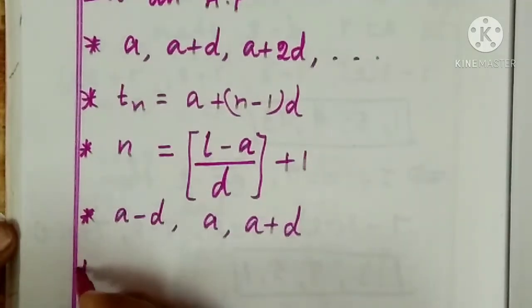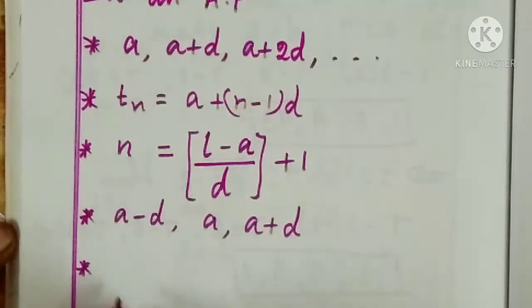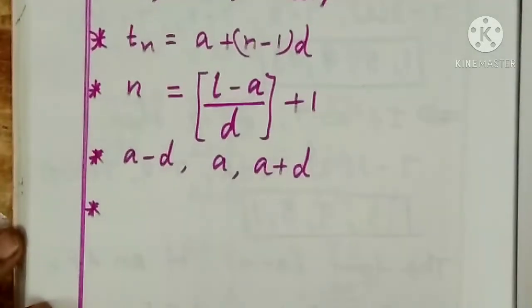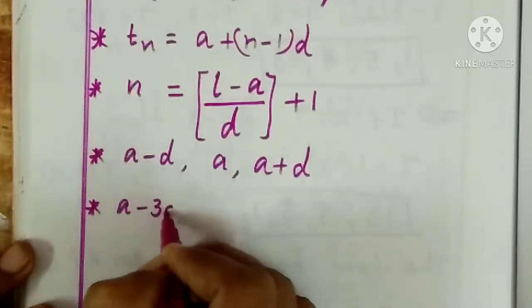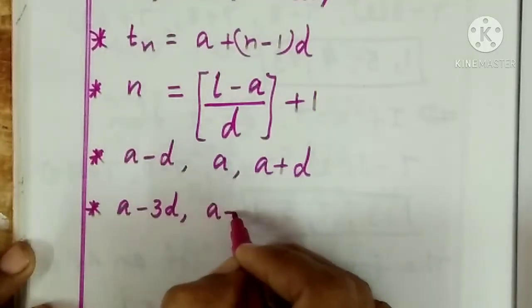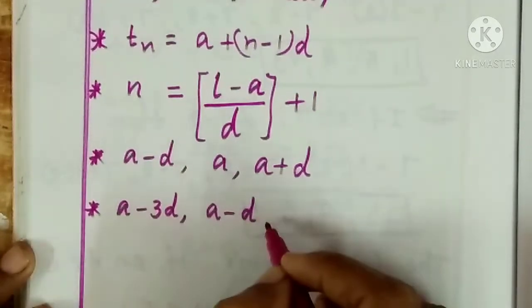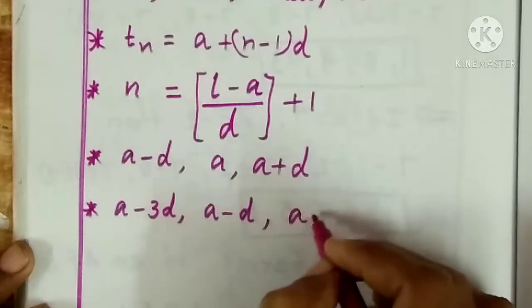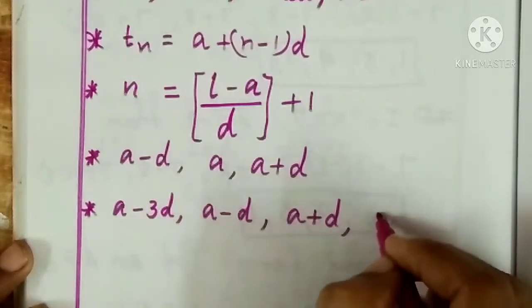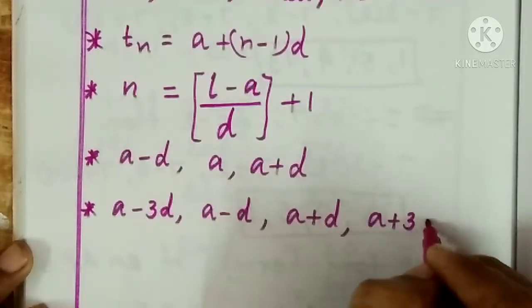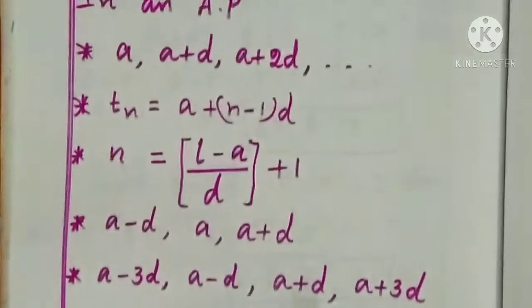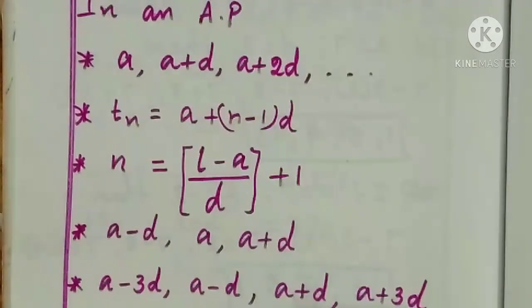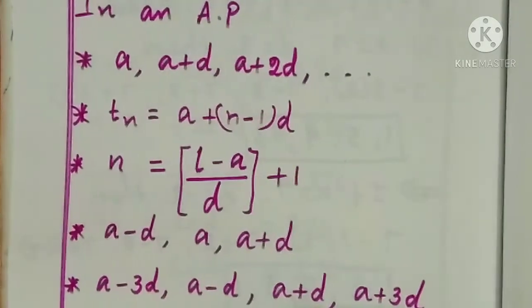Then the first four consecutive terms of an AP are a minus 3d, a minus d, a plus d and a plus 3d. Here the common difference is 2d. These are the important points to remember for this exercise.